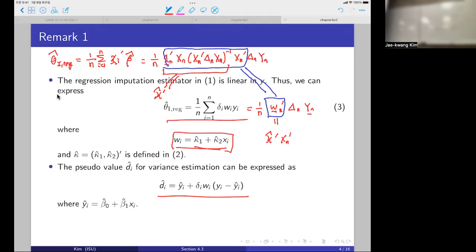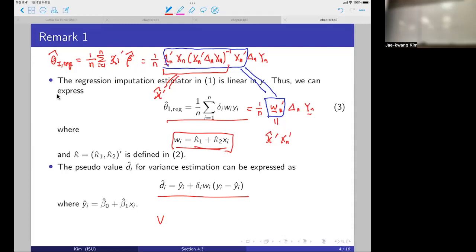Okay. So the variance estimator is naively applied to imputed data. First of all, imputation increases the variance. Why?